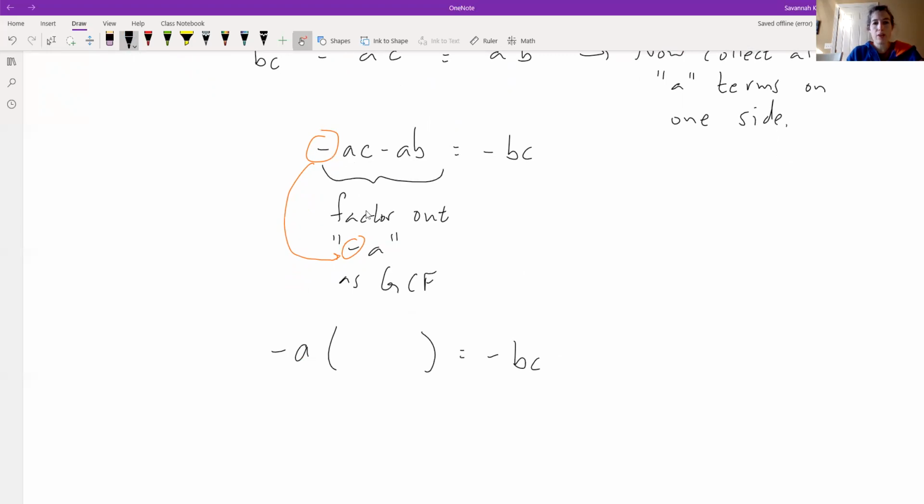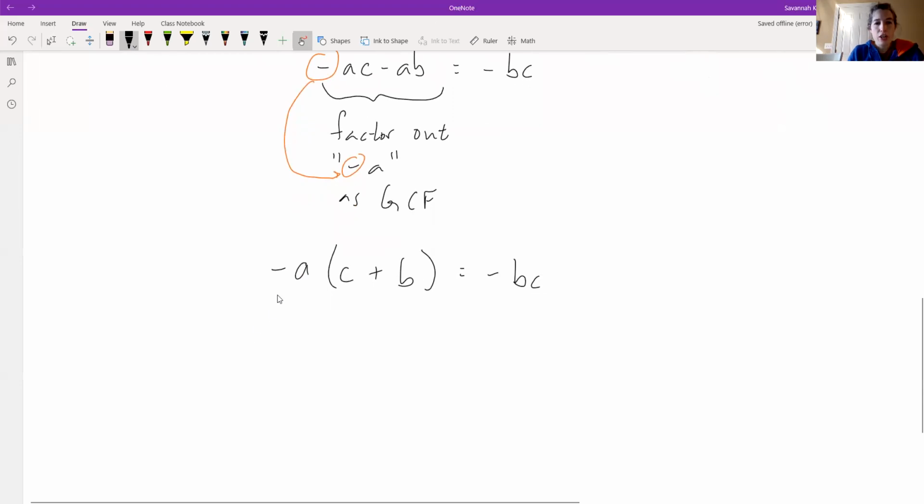When we pull out the negative A, what we're going to have is a positive C. This negative in the middle got pulled out as well. So now we have a plus and we have a B. Okay, now at this stage, I would just encourage, notice that you have the left side negative and the right side negative.